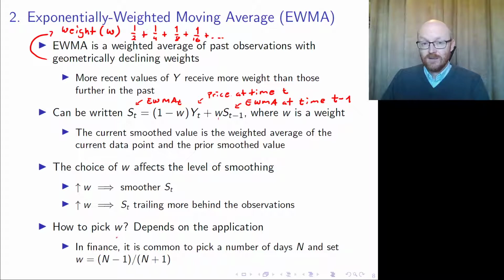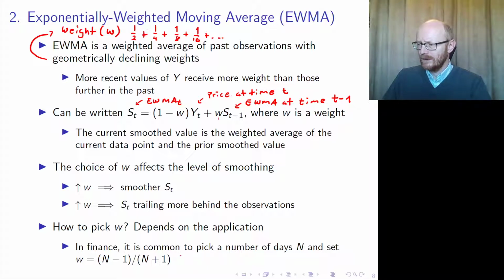So this gives us the question: how do you pick the weight? And that actually depends on the application. What you often would do is to compare different weights and look for what kind of signal they are giving you. Okay, so in finance, it's common to pick a number of days and set W equal to this weight, and this is actually quite popular.